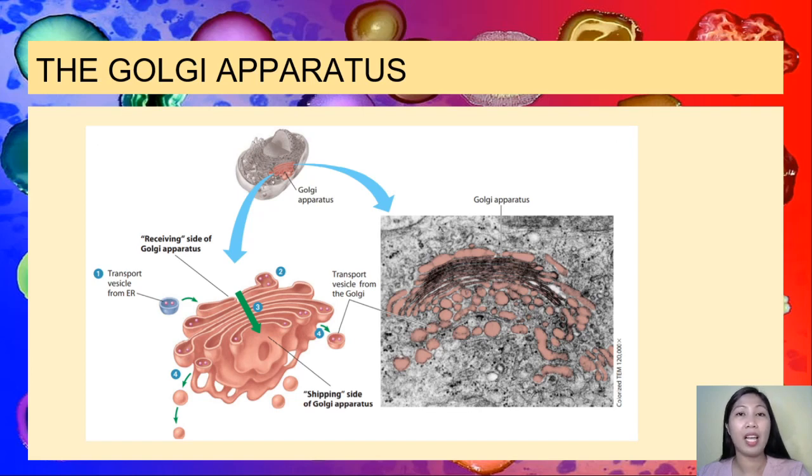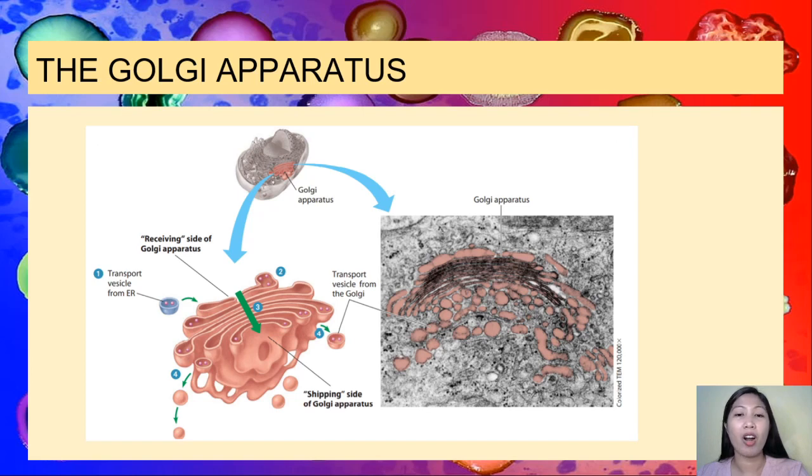Note that the flattened Golgi sacs are not connected, as are ER sacs. One side of a Golgi sac serves as a receiving duct for transport vesicles produced by the ER. A vesicle fuses with a Golgi sac, adding its membrane and contents to the receiving side.